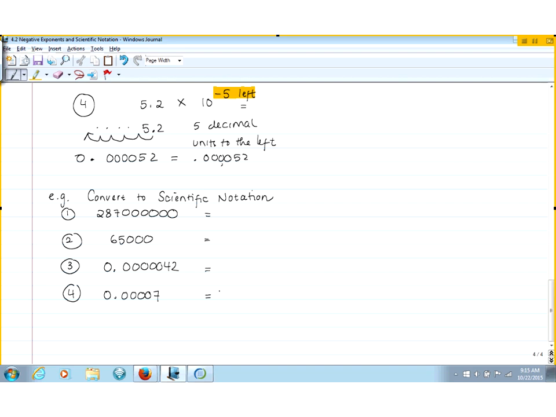So how many zeros is this? 3, 3, and 3, and 3.